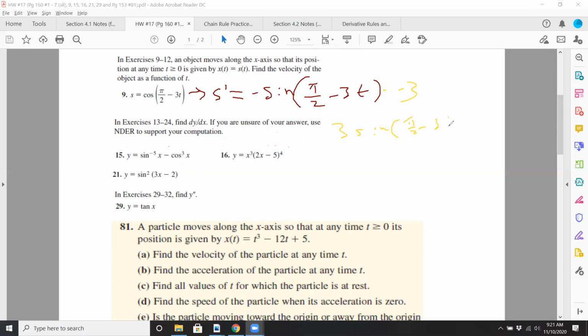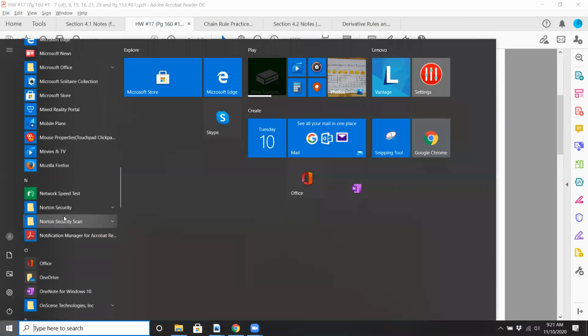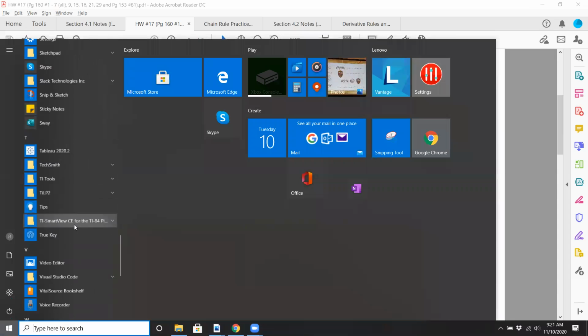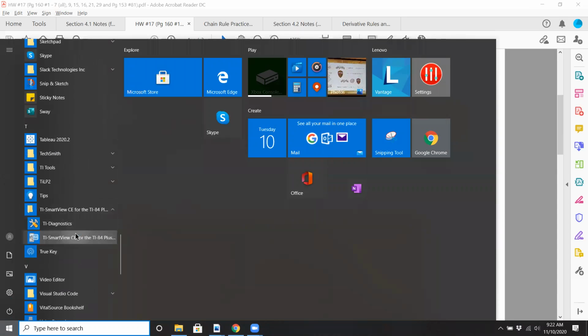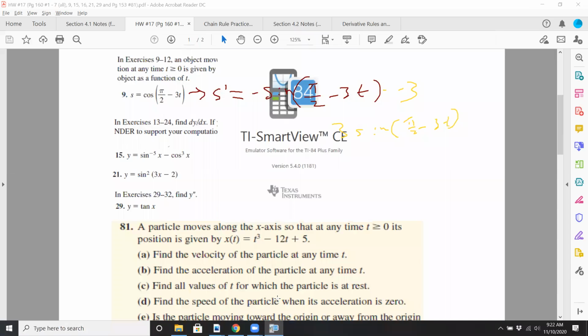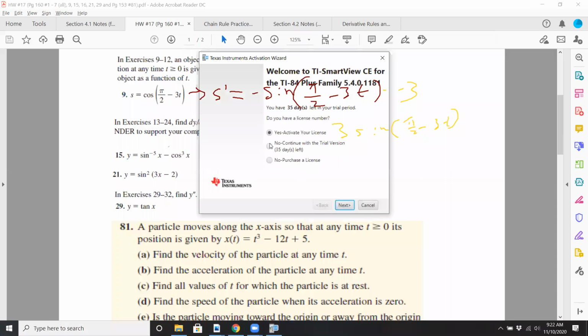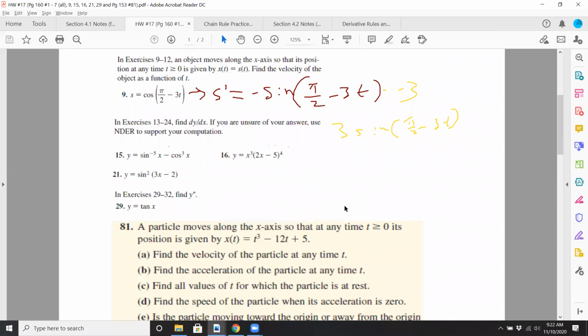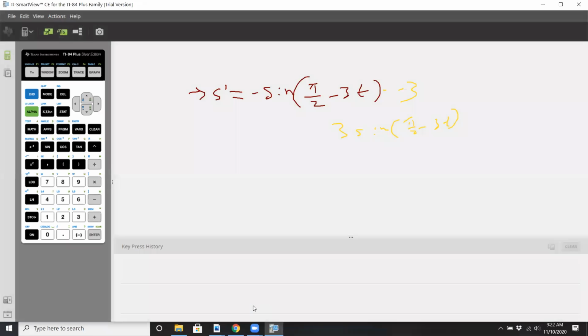By the way, remember, you can always verify your work by going to your calculator. So let me pull up the calculator right now. Let's take a little time.